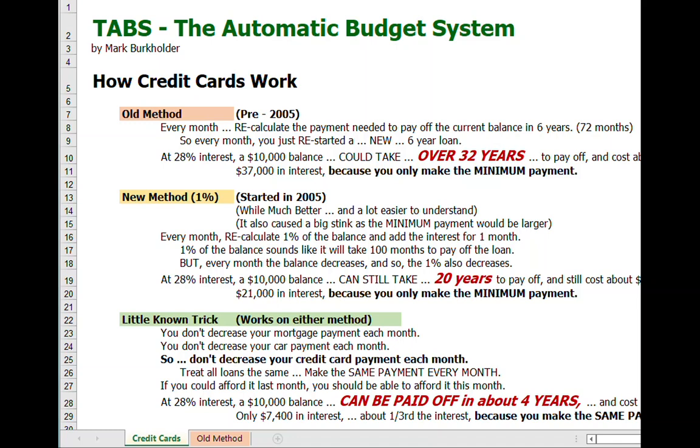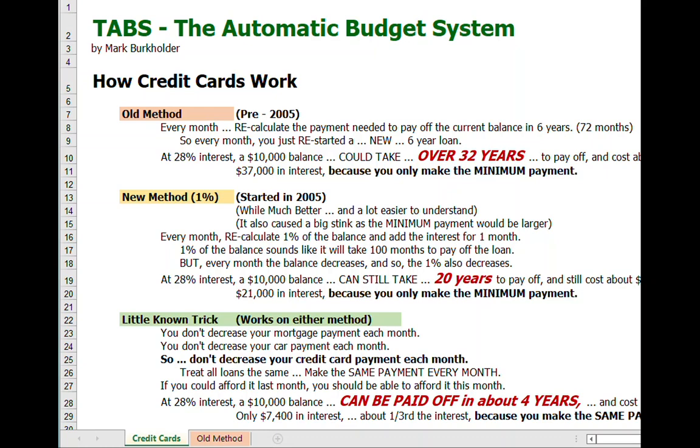Credit cards are called revolving credit as every month they treat your current balance as a totally new loan. Unlike a mortgage or car loan, your credit card is recalculated every month and is based on your interest rate and balance for that month.